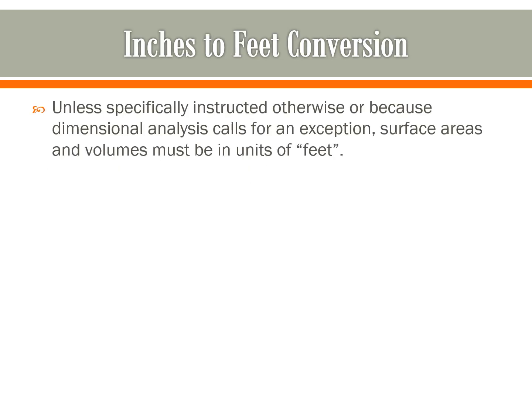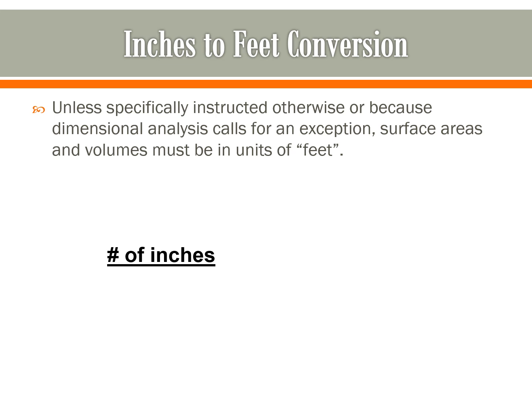Unless specifically instructed otherwise, or because dimensional analysis calls for an exception, surface areas and volumes must be converted to feet. Dimensional analysis is just the units of measurement in your problem. Feet is a more standard unit of measurement in America. All right.